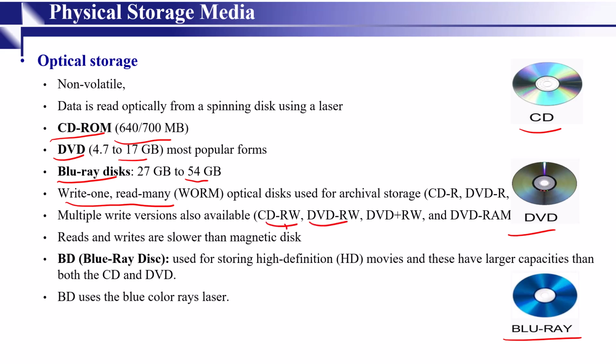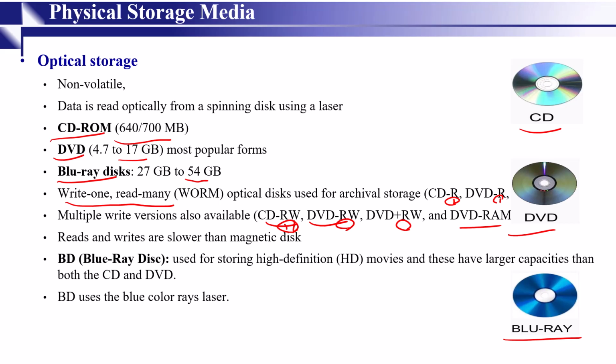It means read and write. These are only reading, but we can read and write, read and write. So these are some versions that you can both read and write. One key characteristic of optical storage is that read and write speed are slower compared to magnetic disks.